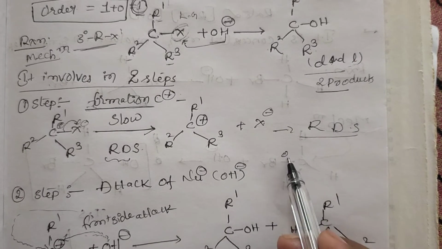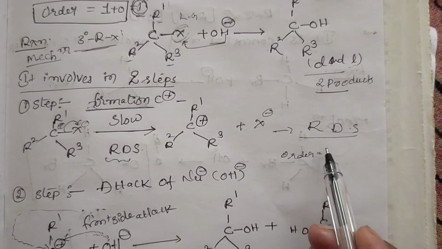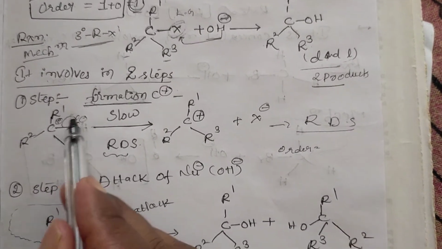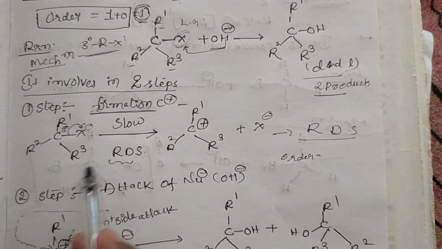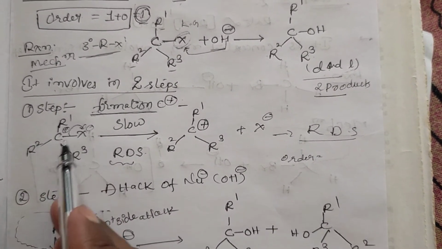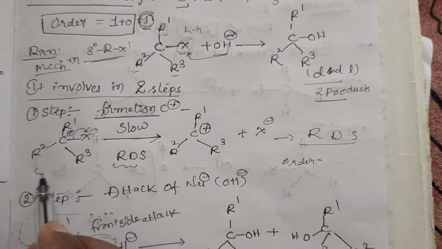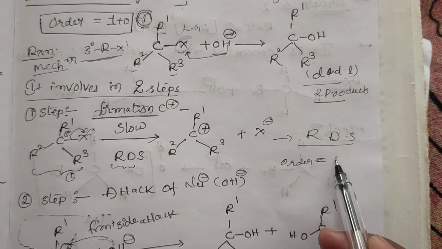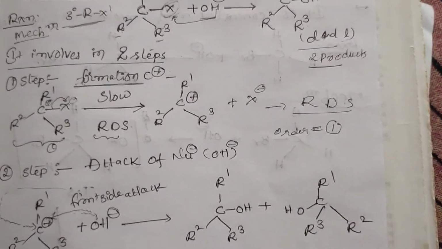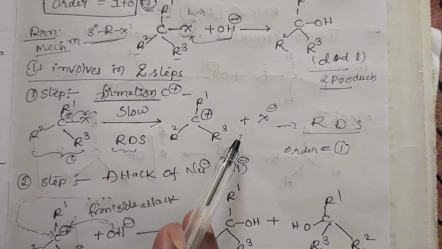So how do we calculate the order of reaction? By the number of substrates participating in the rate determining step. Here, how many substrates are participating in the reaction? Only one, this alkyl halide. That is why the order is equal to 1. Clear, students? This is step 1.